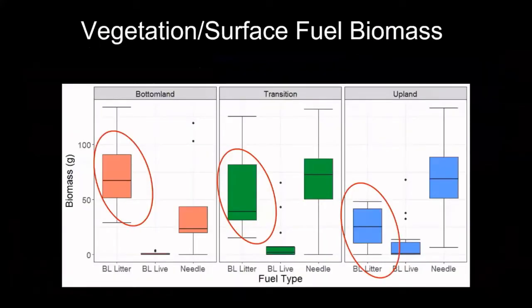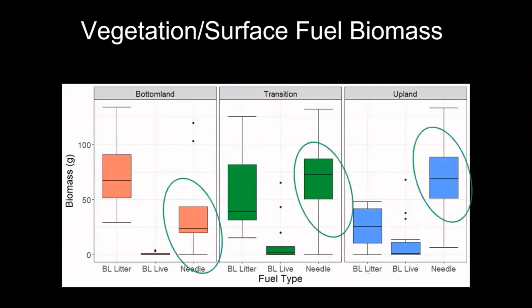And from the field data, so bear with me here, this is just a few minutes on some bar graphs, but here we can see BL is broadleaf, so think about it as like hardwood. So hardwood litter, it's not surprising, this is from our field data, where the hardwood litter decreases as you go up the hill.